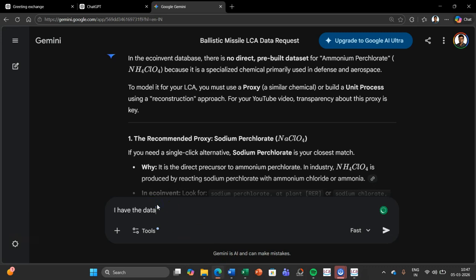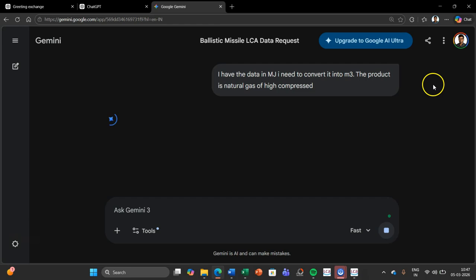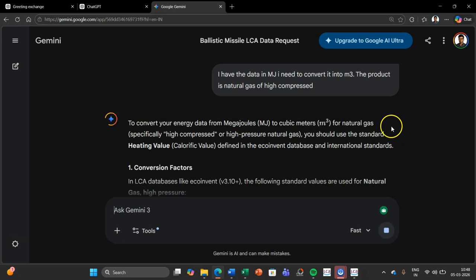I have the data in MJ. I need to convert into meter cube. The product is natural gas of high compressed. So there will be a value specified for a compressed natural gas.